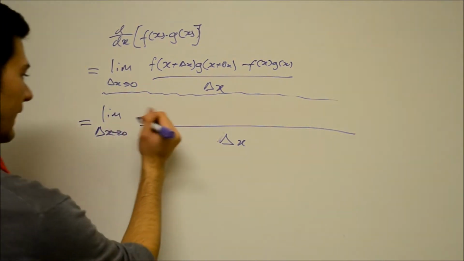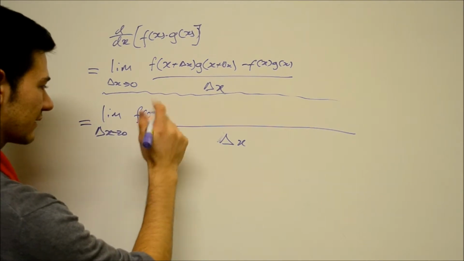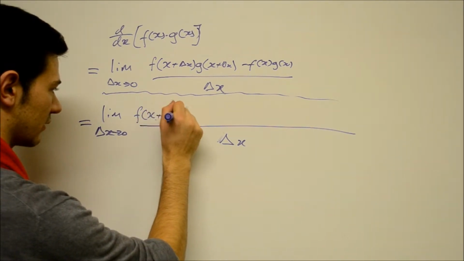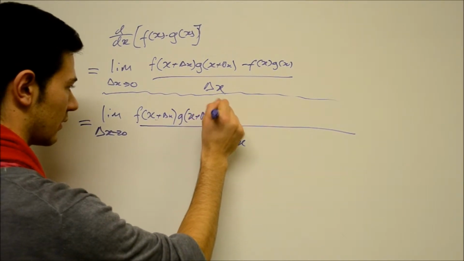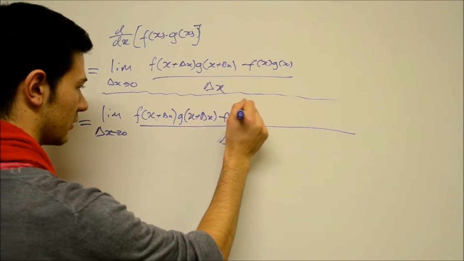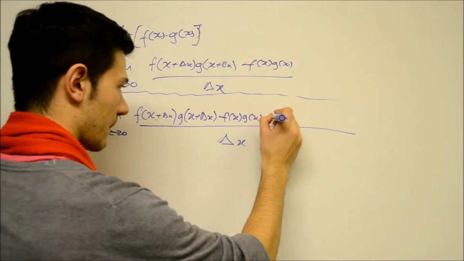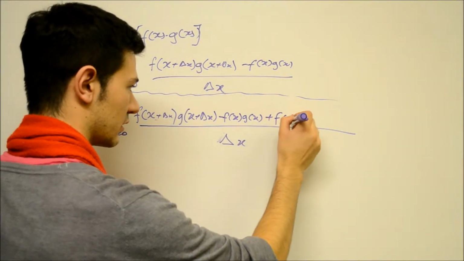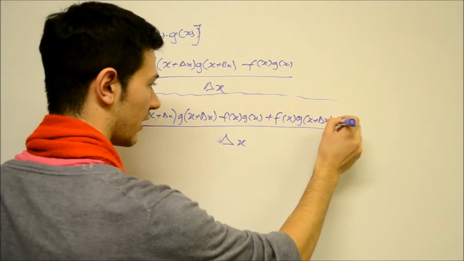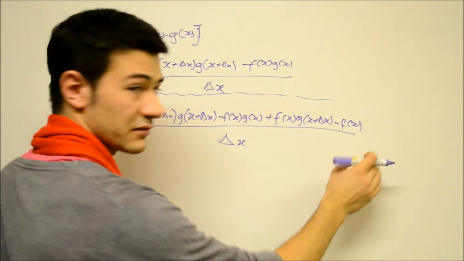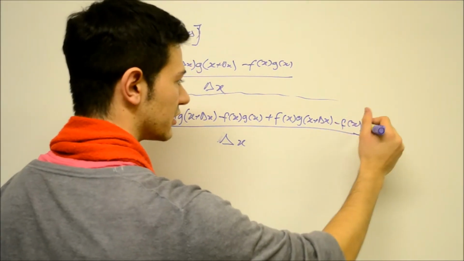So we've got f of x plus delta x, g of x plus delta x, minus f of x, g of x, now plus f of x, g of x plus delta x, minus f of x, g of x plus delta x.